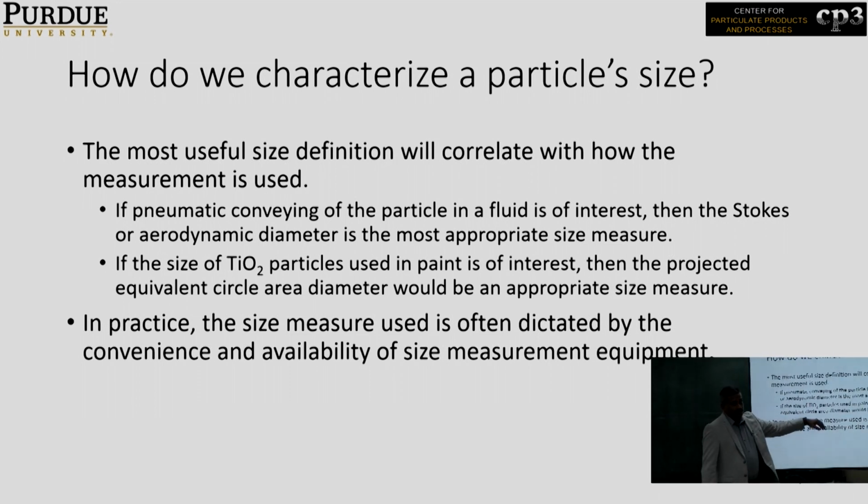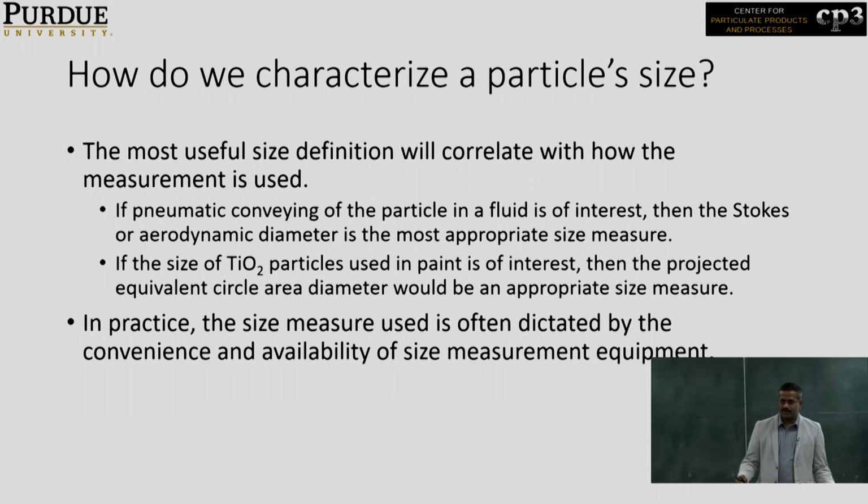We can go on with theory for many things, but finally what it comes down to is what type of instrument you have in the lab. If you do not have laser diffraction, we end up with sieve analysis. That's common and not expensive. Just use a stack of sieves and get the size of the material.